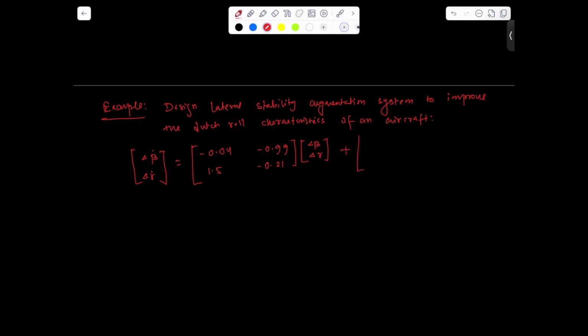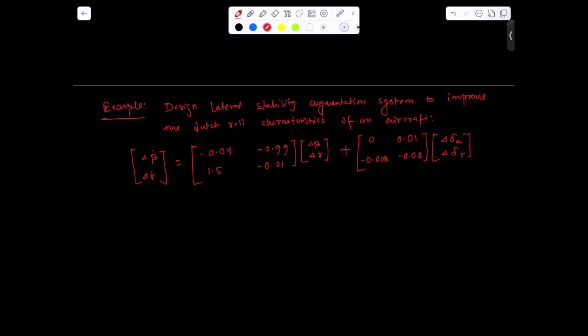Plus we have the control matrix 0, 0.03, 0.01, minus 0.008, and minus 0.08. And we have the control inputs delta A, aileron, and delta R, rudder.